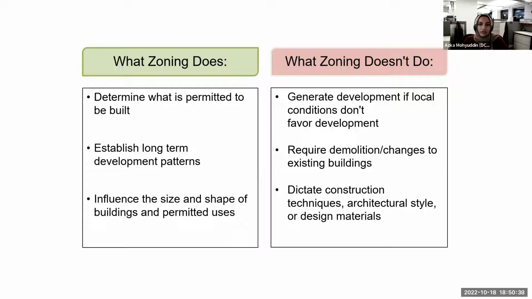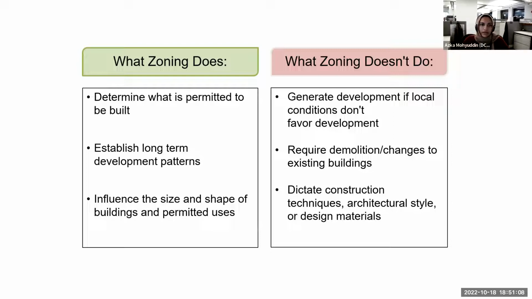Essentially, zoning is intended to provide a balanced or harmonious relationship between different users of the city and to plan for and provide a predictable framework for long-term patterns of development. But it doesn't generate development. While it provides that framework and determines what is permitted to build, it wouldn't automatically generate development on those lots and on those sites.